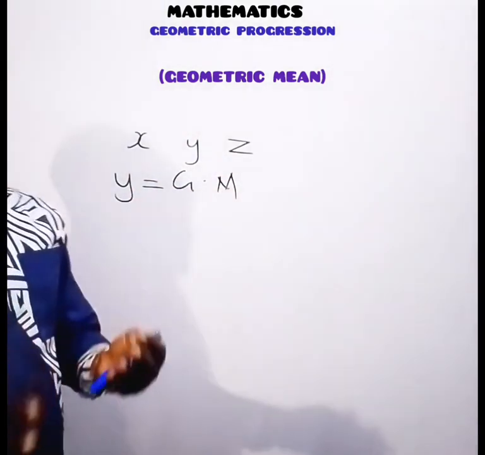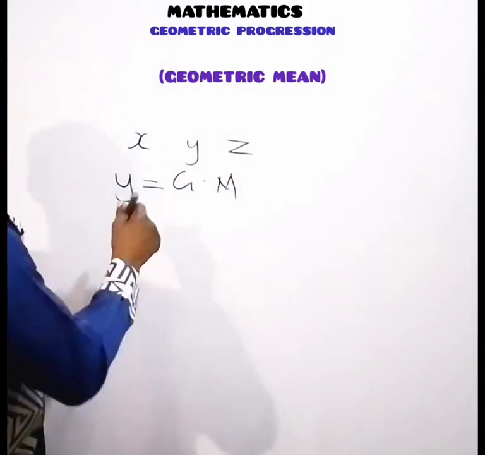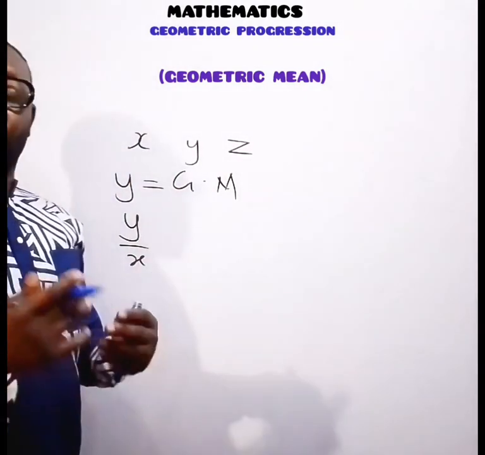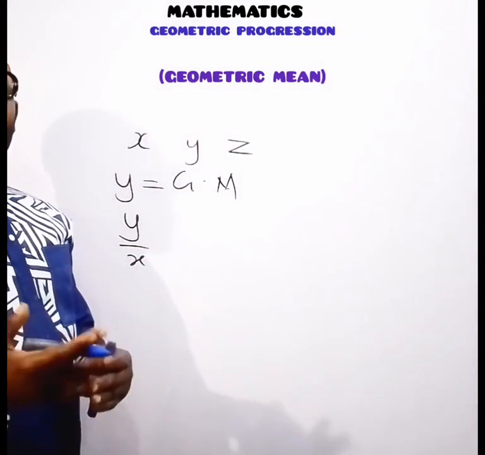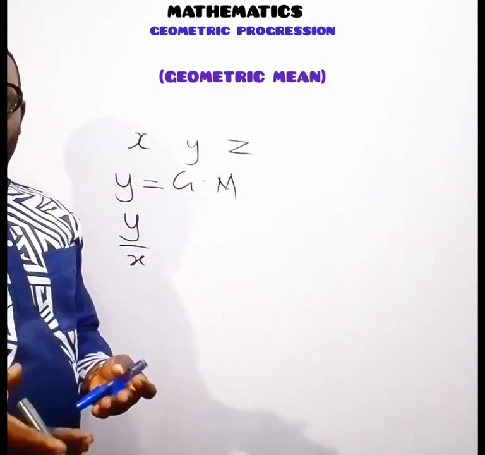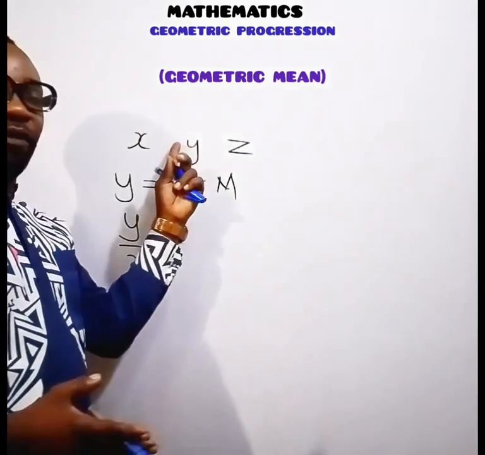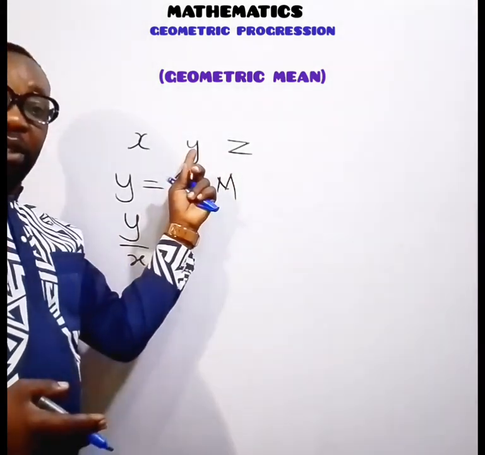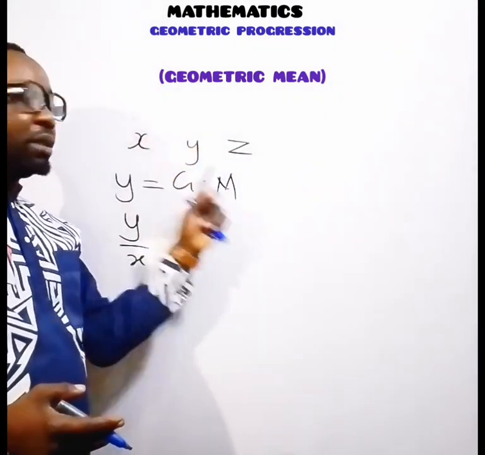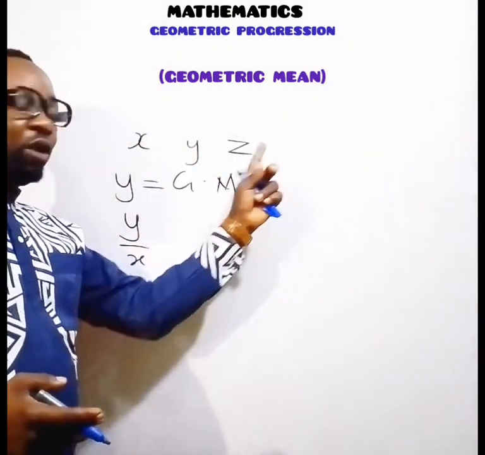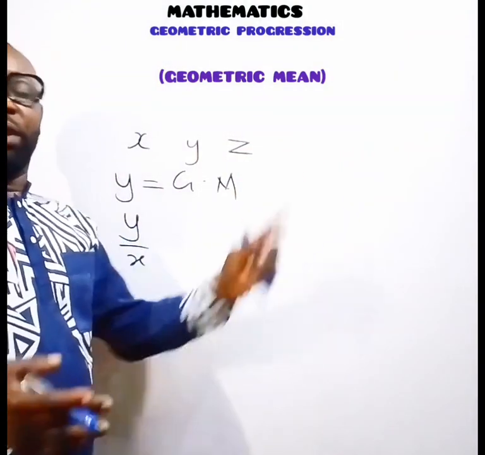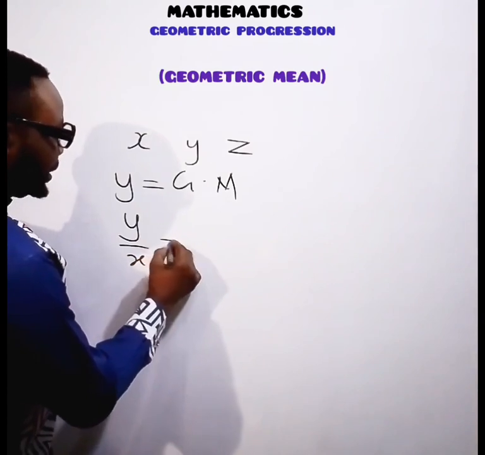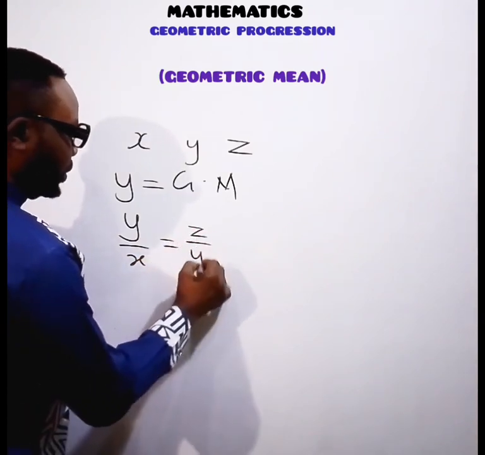Now, how do we find the value of y? Don't forget that in geometric progression, we always look for the common ratio, which is found by dividing the terms with one another: the second term by the first, the third by the second, the fourth by the third, the fifth by the fourth, and so on. y over x is equal to z over y.